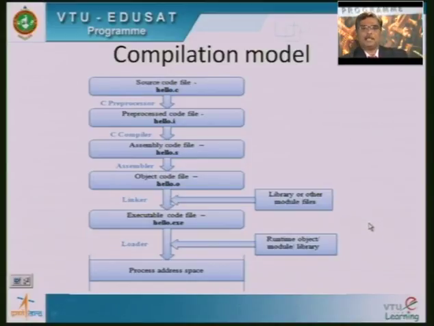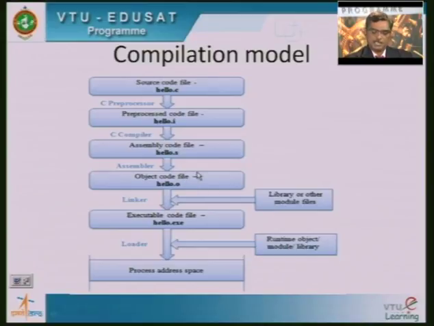Now about compilation. I have written programs in a higher level language, which the computer cannot understand because it is a machine. Your language should be converted into machine language. That process is called compilation. Our compilers do this. The source program written in a language, the source code, is pre-processed and then moved to assembly code, and then finally the object code is generated.